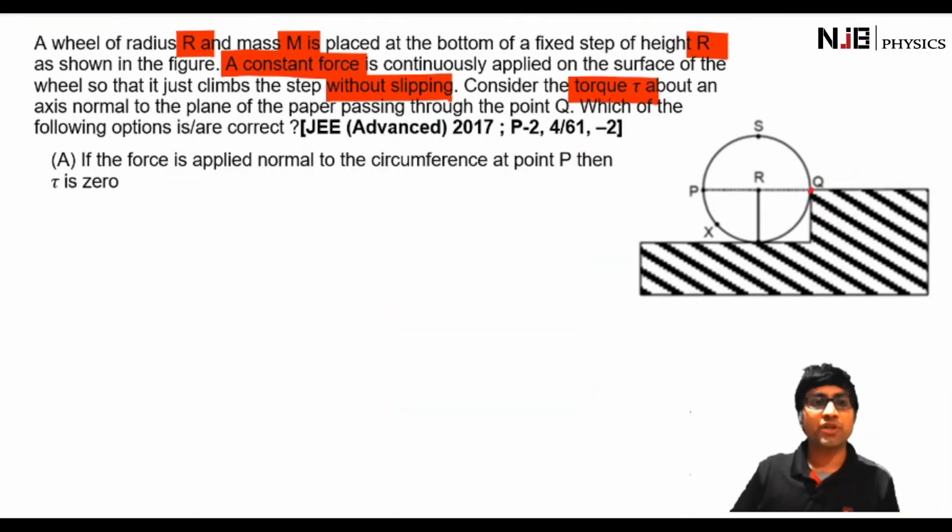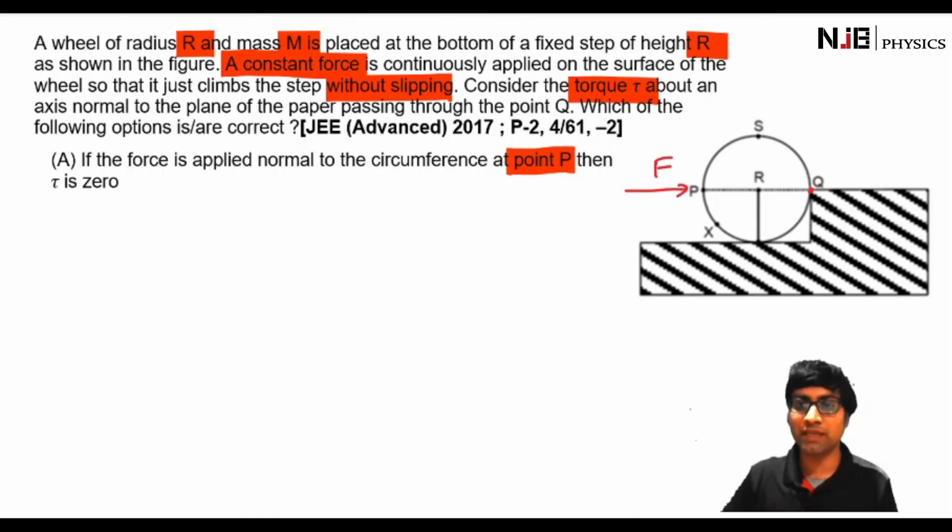So according to option A, if the force is applied normal to the circumference at the point P, then the torque is going to be 0. So let's look at how the situation is going to be. Well, we are applying a force F normal to this point P. Then what is going to be the net torque about this point Q?